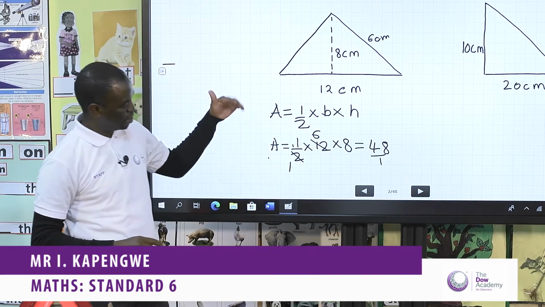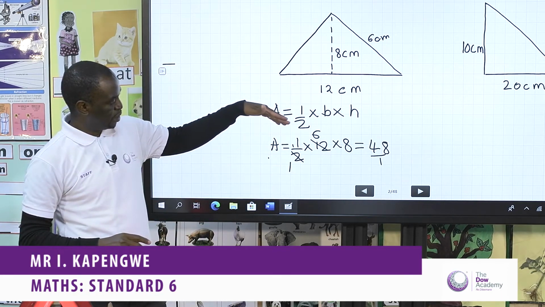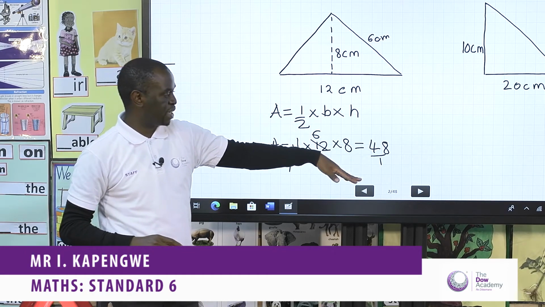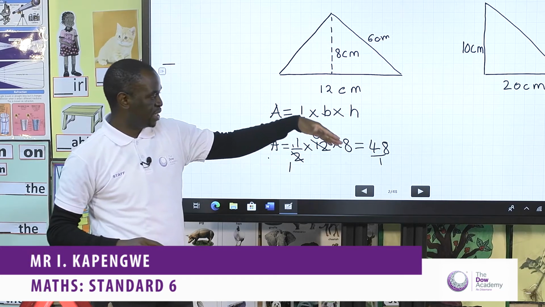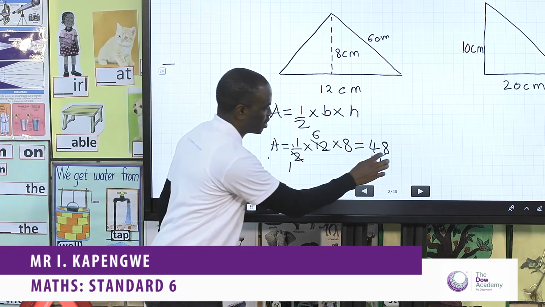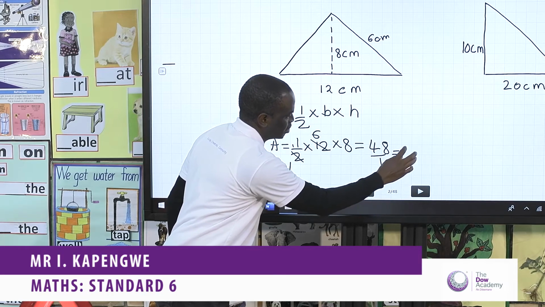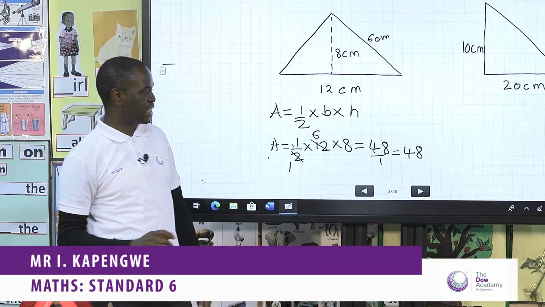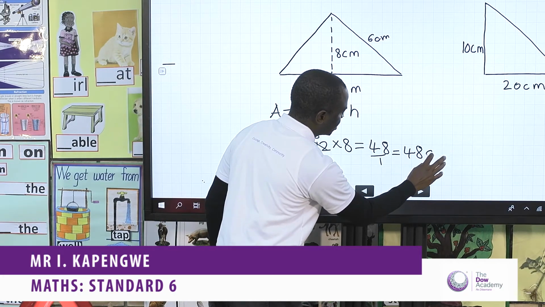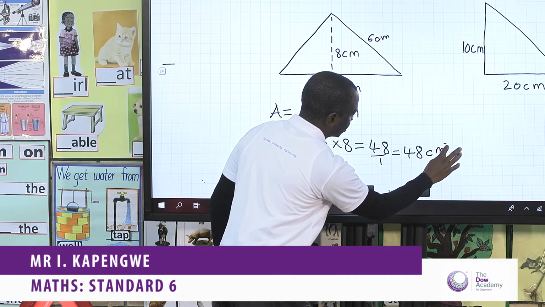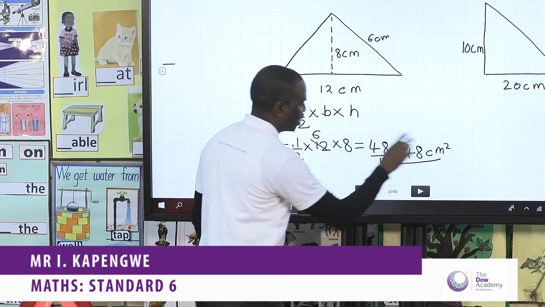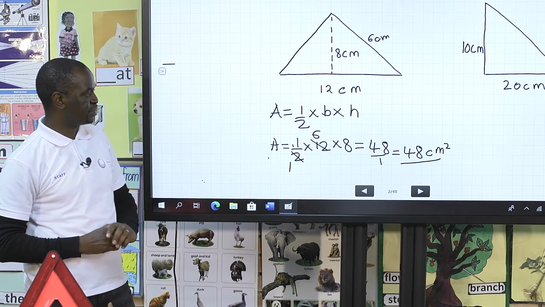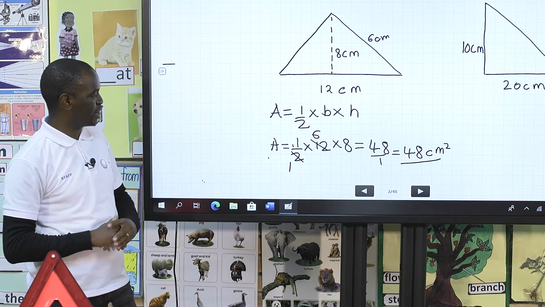I know that in the first sum, we did not divide it, but it should be divided in that, because it's a straightforward thing. So we're going to say 1 into 48 gives us 48. And remember, I emphasized to say we need to write the centimeter squared this side, and then we underline our answer like that. So this is how we can calculate our area of the triangle.